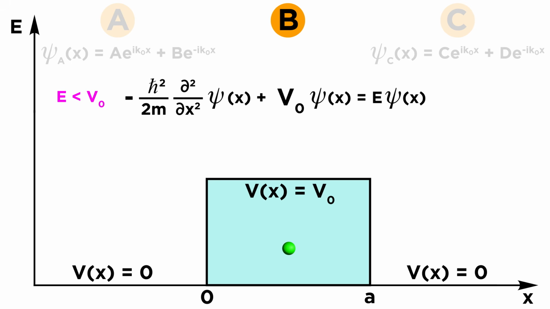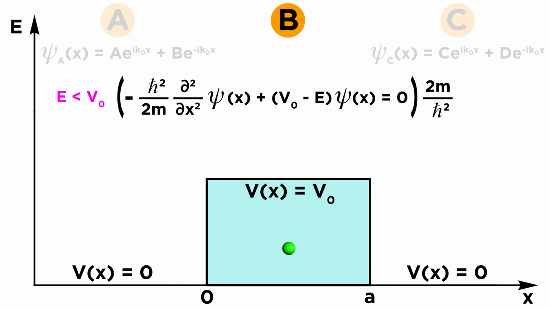Let's first consider the case where E is less than V0, or lower than the barrier height. Here is our equation, and since we can't get rid of the V term this time, let's subtract E times psi of x from both sides, and then simplify by combining these last two terms, giving us the quantity V0 minus E times psi of x. Now from here, we will do almost the same thing as we have done so far, just with a slight adjustment.